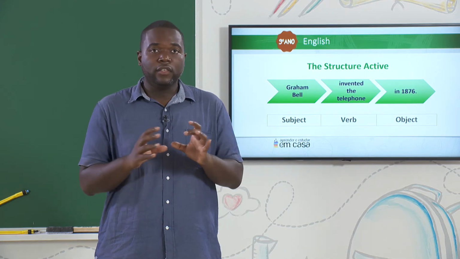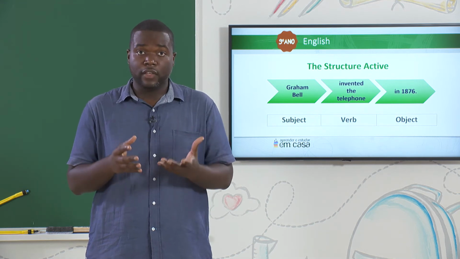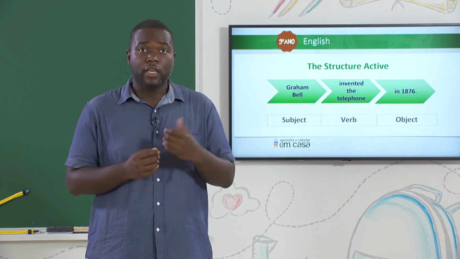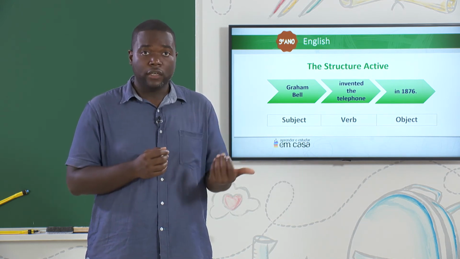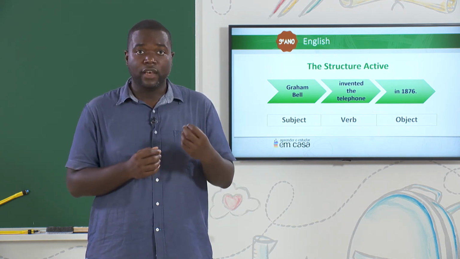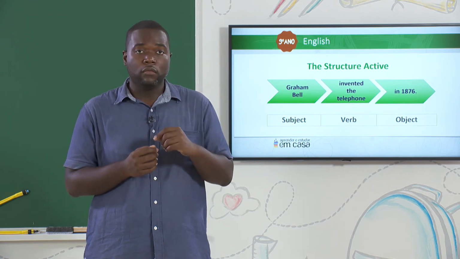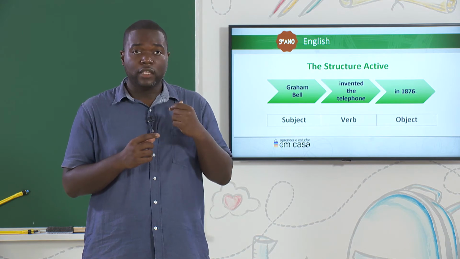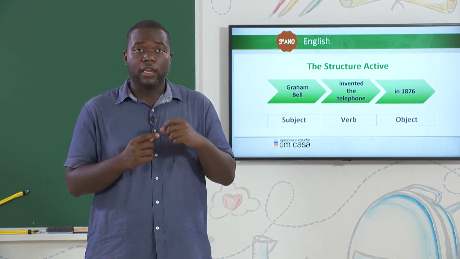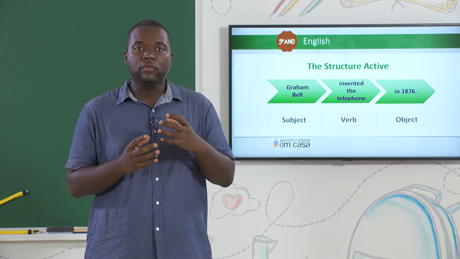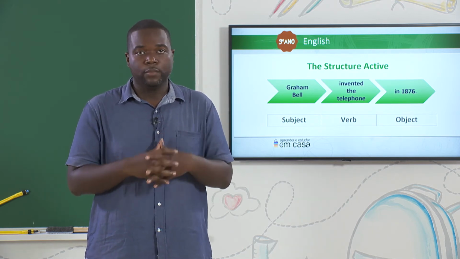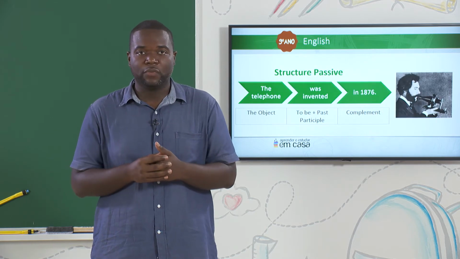Yes, students, the basic structure of the active voice is the subject, in this case, Graham Bell, then the verb, invented, and then the object. Now, let's take a look at how this changes when we transform this sentence into the passive. Let's take a look at the structure.